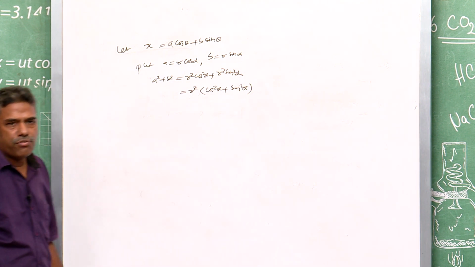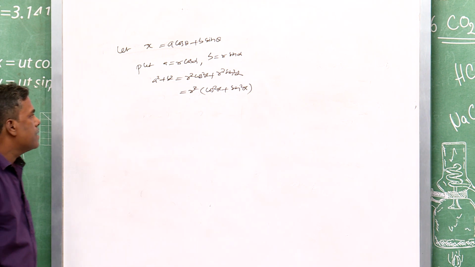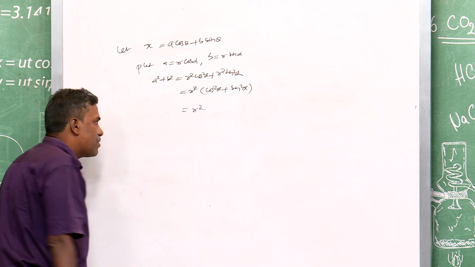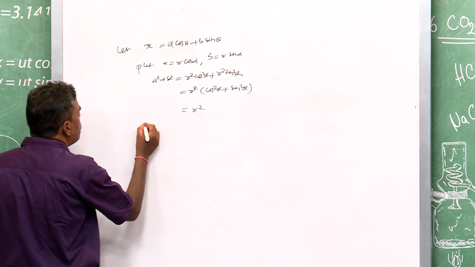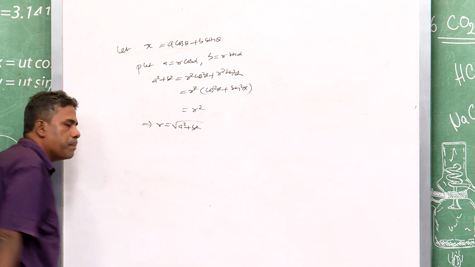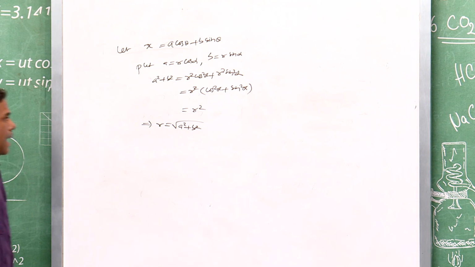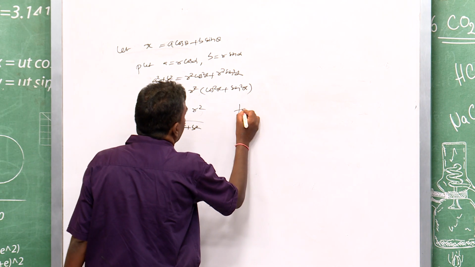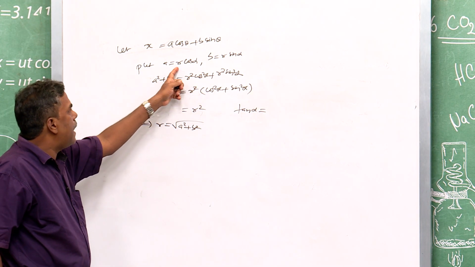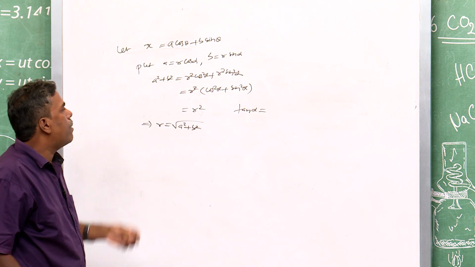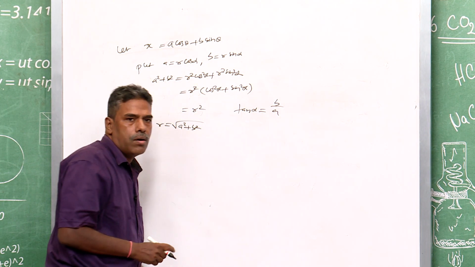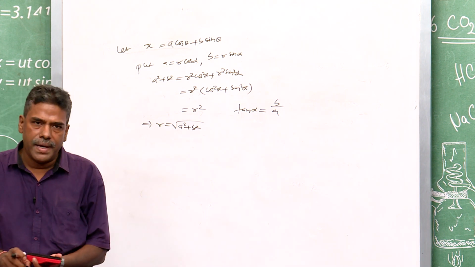Cos square alpha plus sin square alpha is equal to 1. So, that is equal to r square, or this implies r is equal to positive square root of a square plus b square. And tan alpha is r sin alpha by r cos alpha, which is equal to b by a, or alpha is equal to tan inverse b by a.